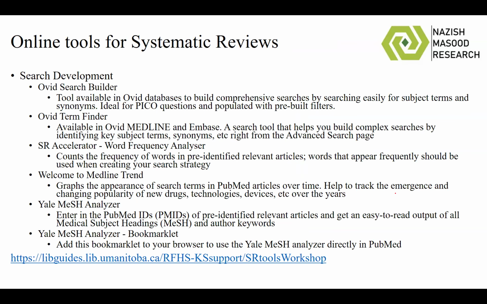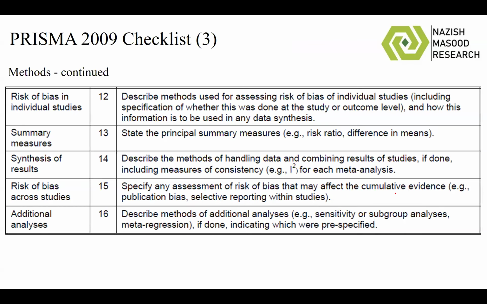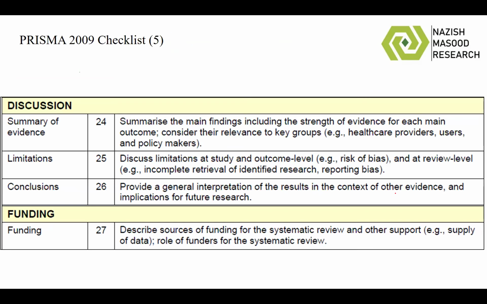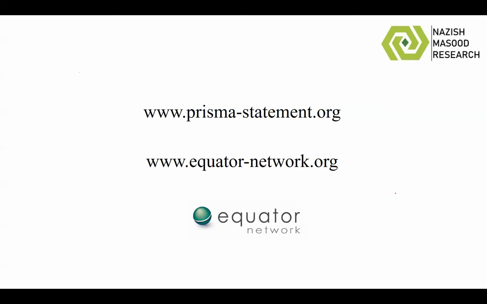We discussed some of the online search tools that are out there yesterday. This is again the PRISMA checklist. We went in detail through the PRISMA checklist. We told you about the Equator Network and how Equator Network supports not just PRISMA, but has multiple reporting guidelines for different study designs.